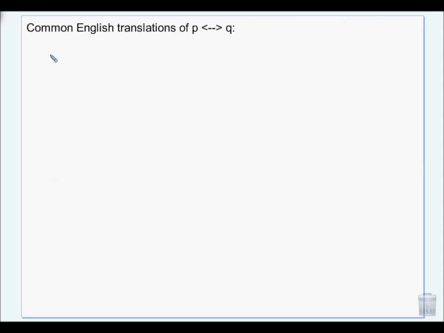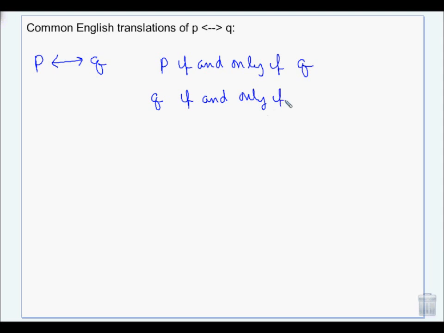Common English translations. So you have the double arrow. That's P, if and only if Q. You can also flip it, right? Because it doesn't matter what order they go in, it's biconditional, so it's true no matter which way.